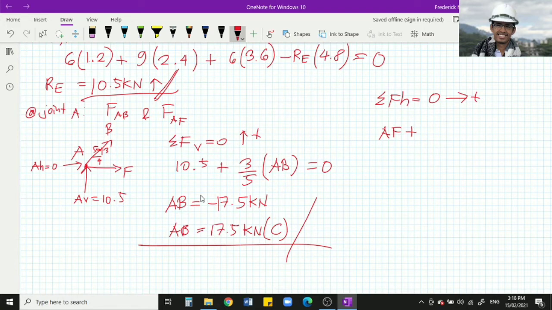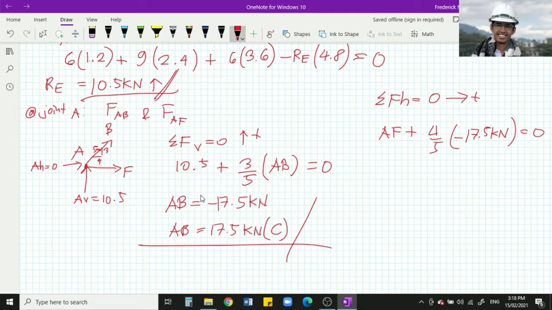So ano yung AB horizontal ng AB natin? That will be 4 over 5 times yung AB natin, 17.5. That will be compression siya, kaya negative. Okay? So yung isa-substitute natin sa equation natin is yung may negative sign. Kasi compression siya. So that will be negative 17.5 kilonewton is equal to 0.